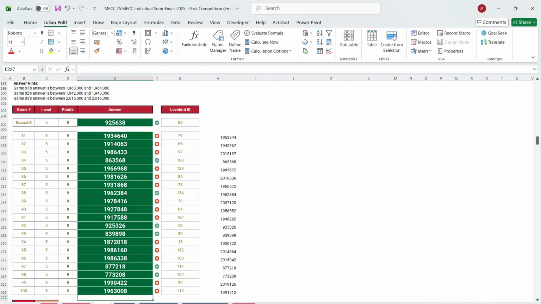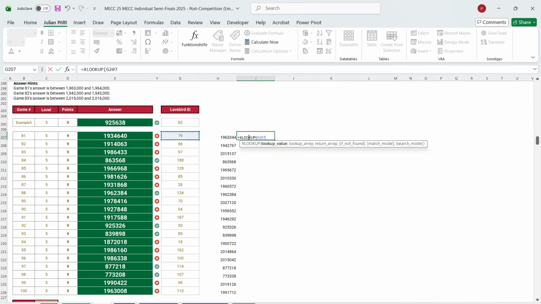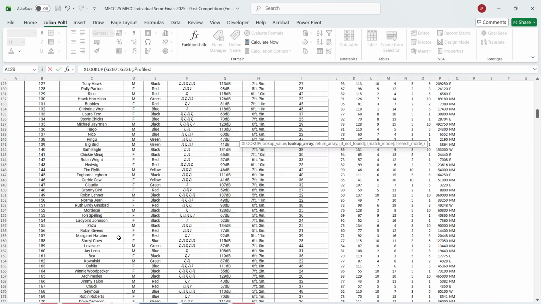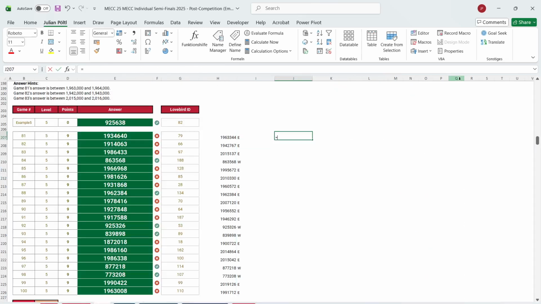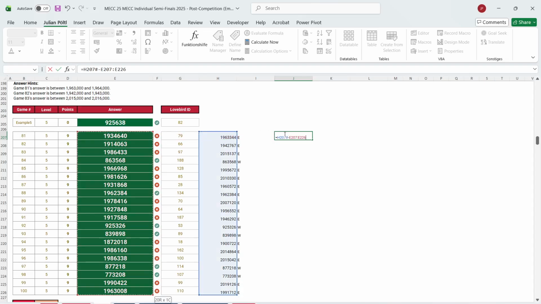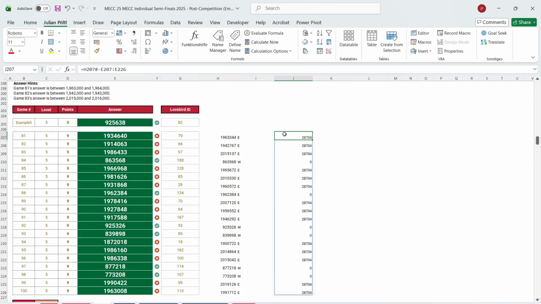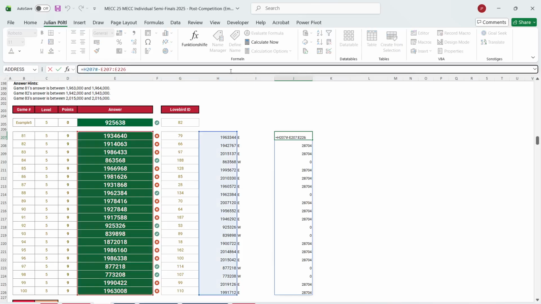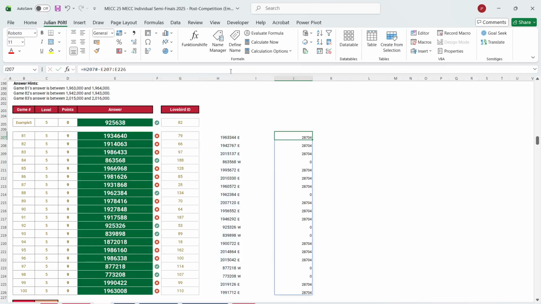Okay, let's check if all those birds live on the same side, because then it's something systematic. And yeah, not always, but most of the time when it's east, it's wrong, and it's wrong by the same amount. 28, the provided answer is larger.